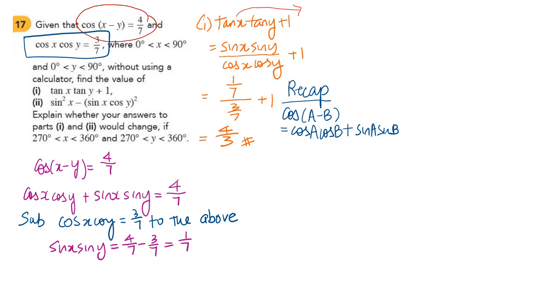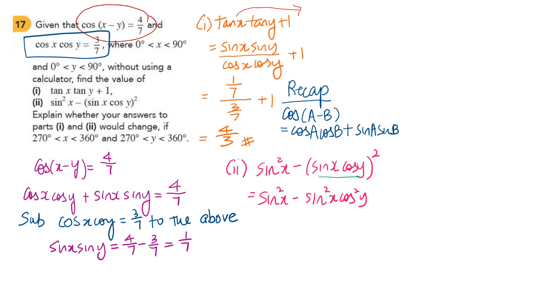Okay, so for part 2, what do we do? Right, so for part 2, we have to square sine x cos y to give you sine squared x cos squared y. And then you see that sine squared x is a common factor where we can extract it out. And this one will require you to apply the knowledge of trigo identities.